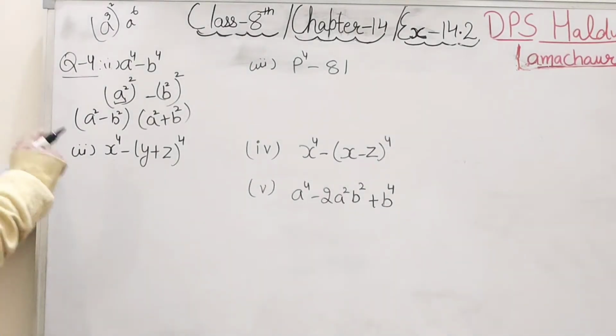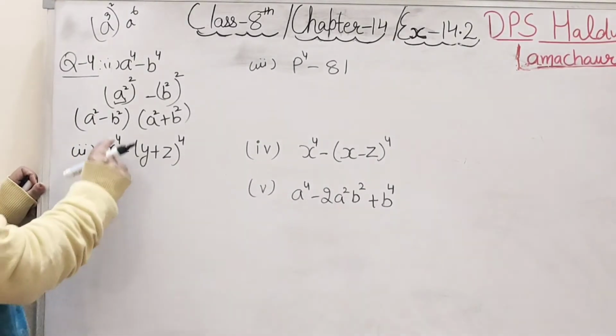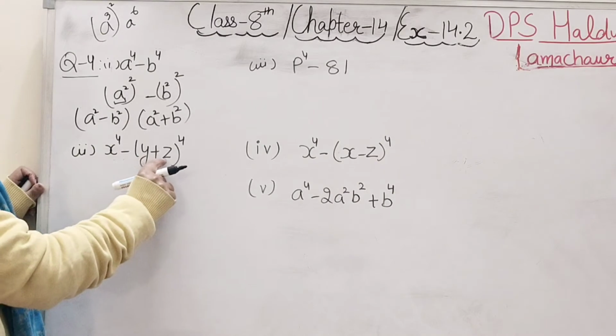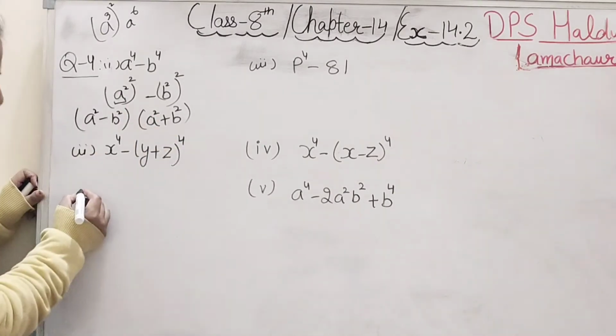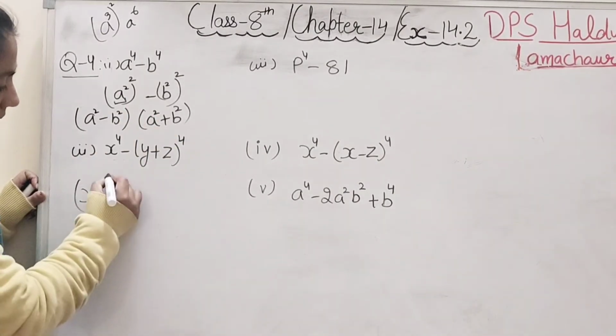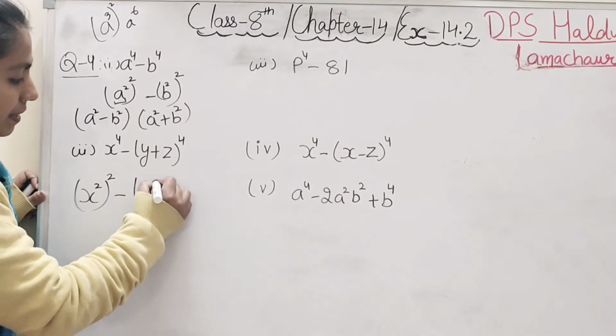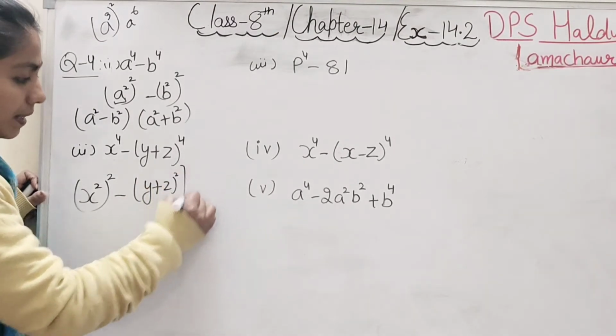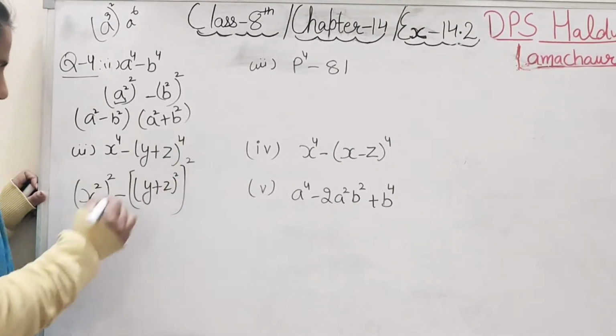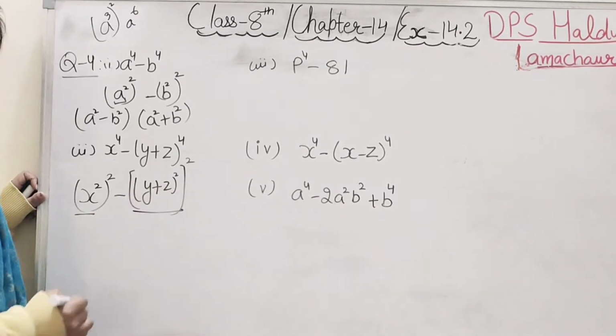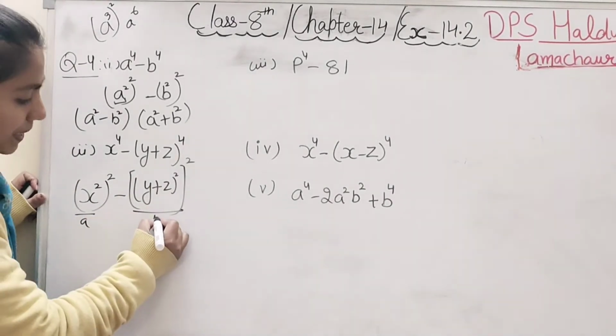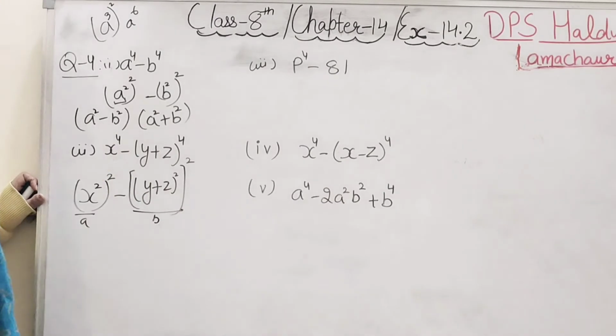Okay. Now coming to our second part. x raised to power 4 minus y plus z raised to power 4. Again we can do it like this. Minus, square ki power square. Means a square minus b square. A is x square, b is y plus z whole square. Right, student?